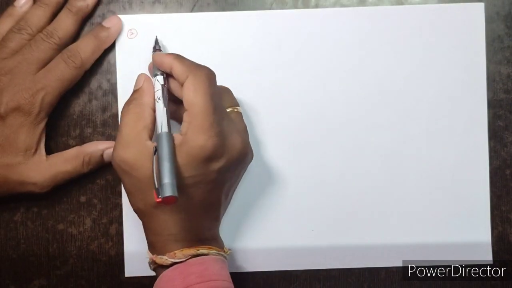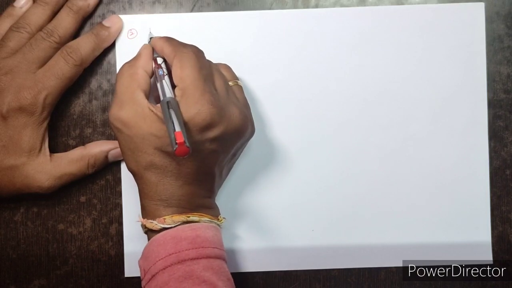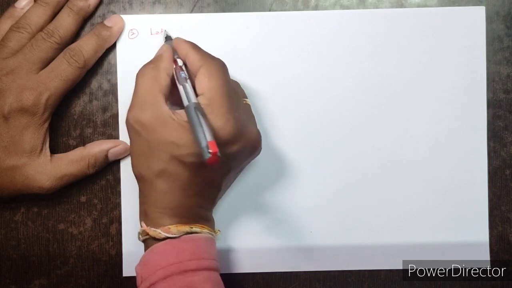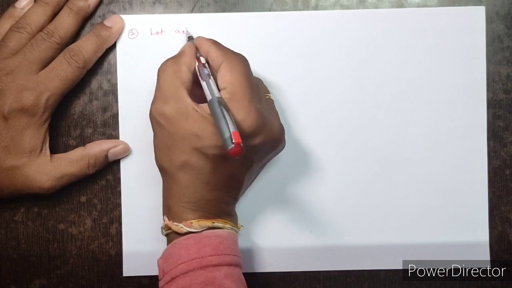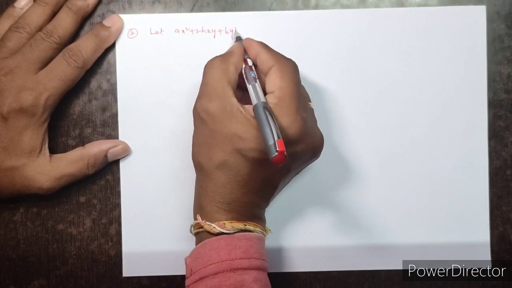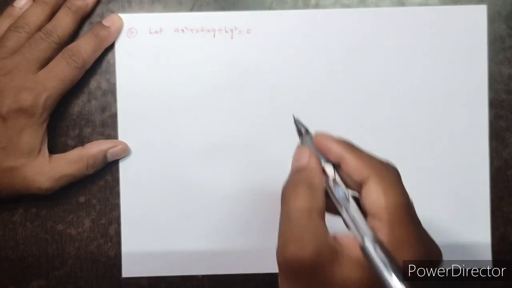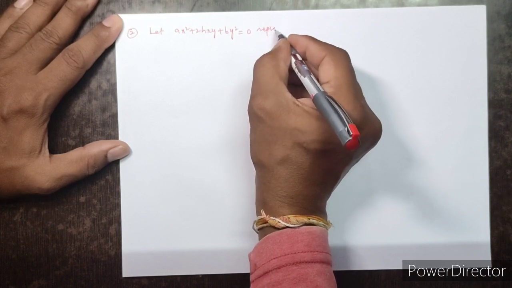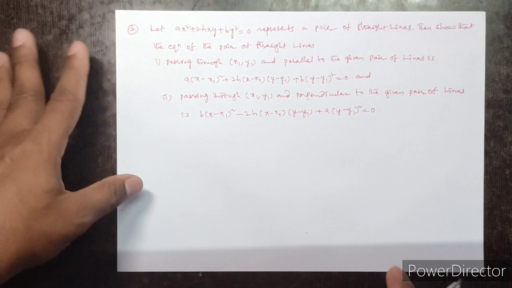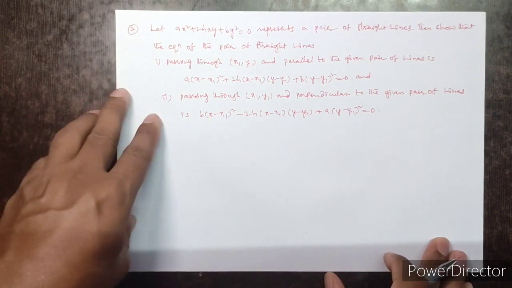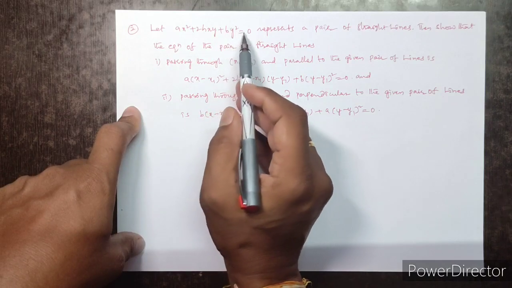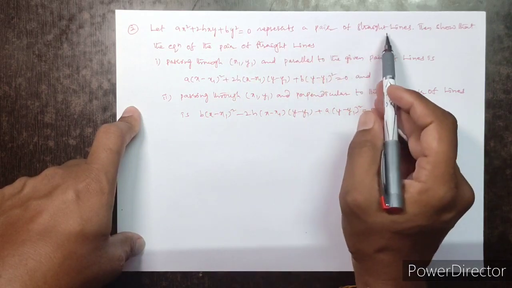Second solved problem. Let ax square plus 2hxy plus by square equal to 0 represent a pair of straight lines.